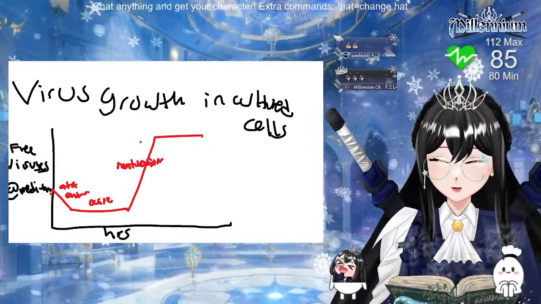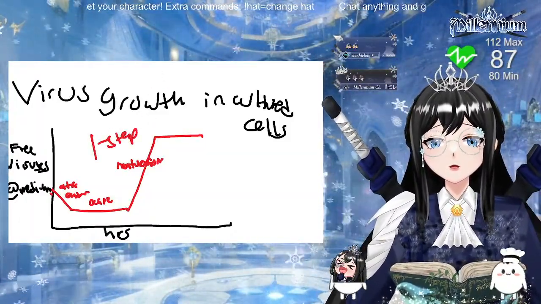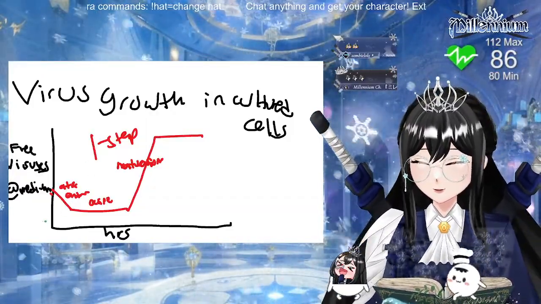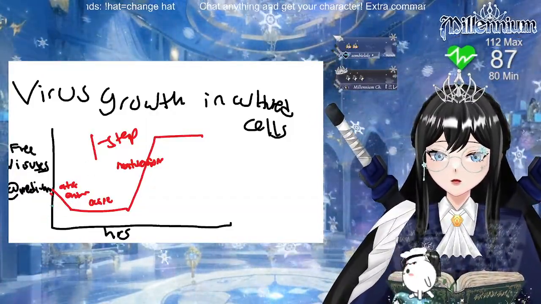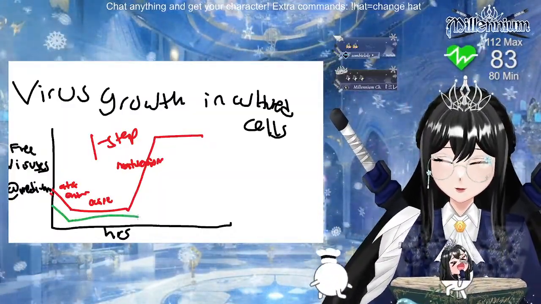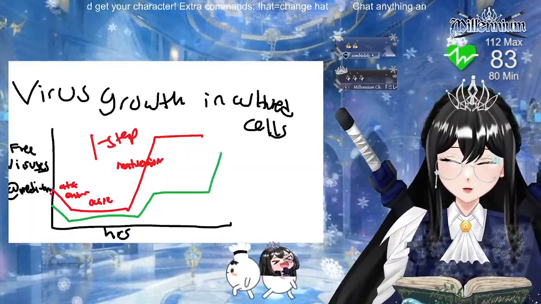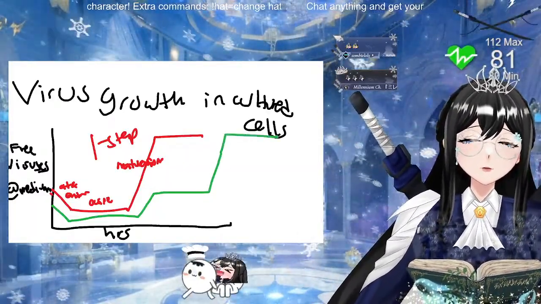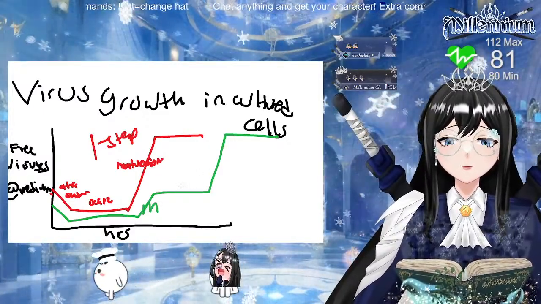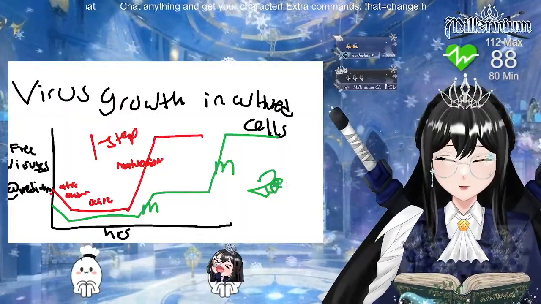Alright, now this is 1 step, but if it is 2 steps, you have a similar starting point: attachment and entry, eclipse, a bit of maturation, another eclipse, and maturation again, and then plateau. So that is a 2-step curve.